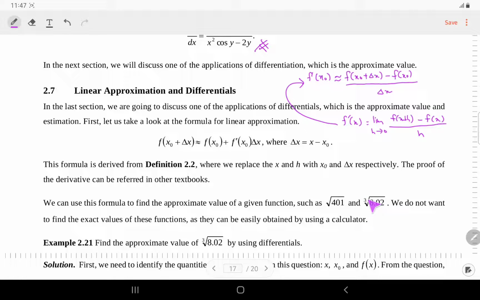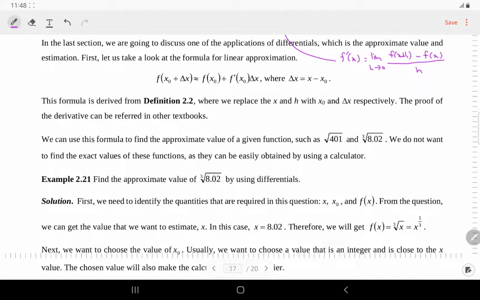We do not want to find the exact value, because the exact value you can find easily by calculator. So we use this formula to get the approximate value.